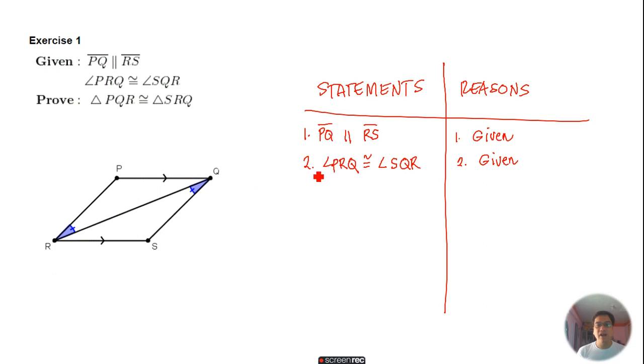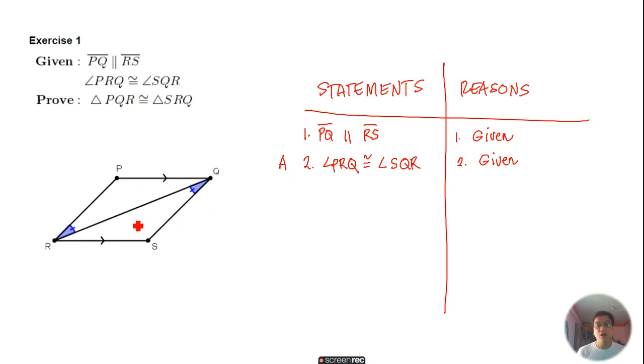Next, identify if this is a side or an angle. So, this is an angle. Next, we're going to find a clue in which we will be given a particular reason that we can use.